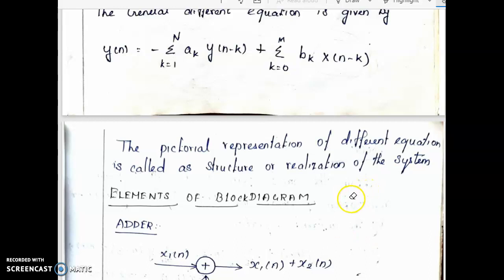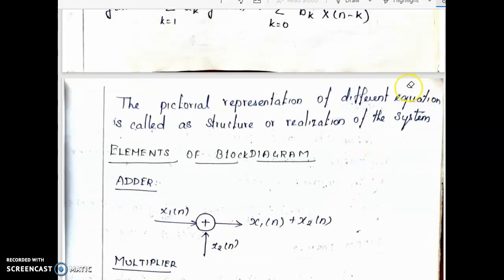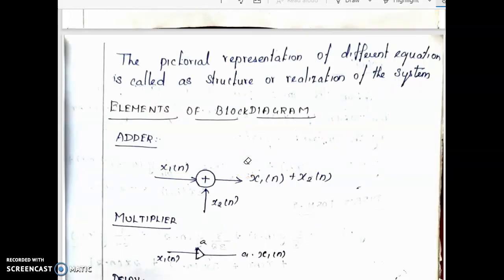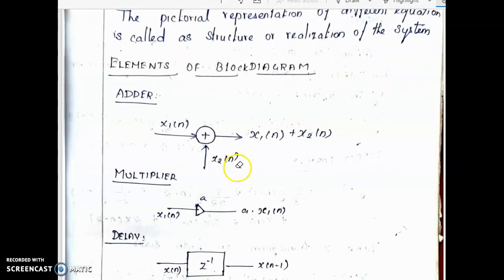It is the combination of multipliers, adders and delay elements combined together to get one function.